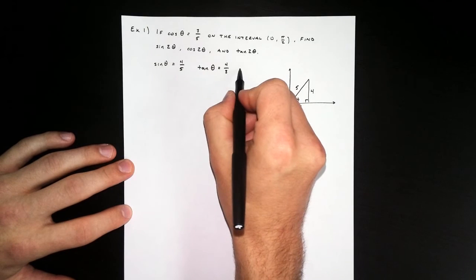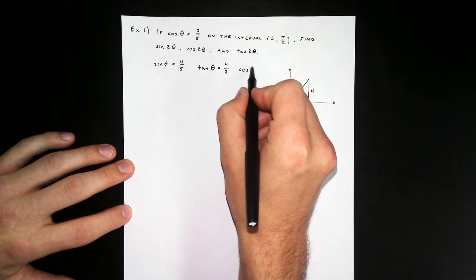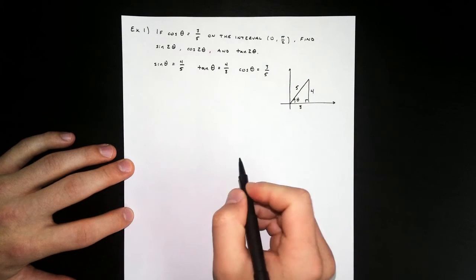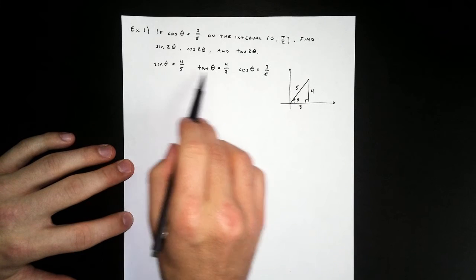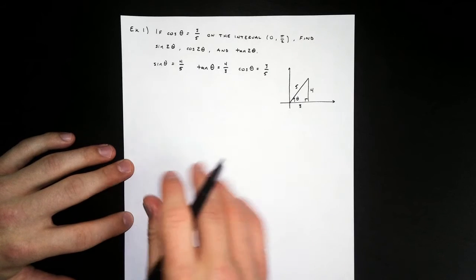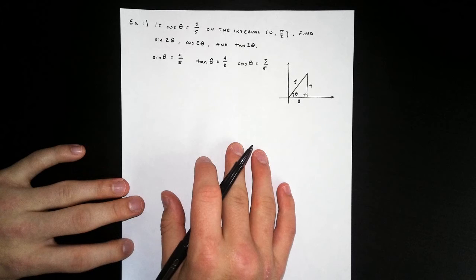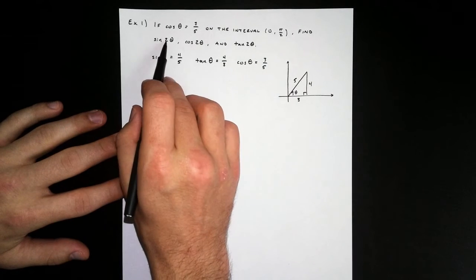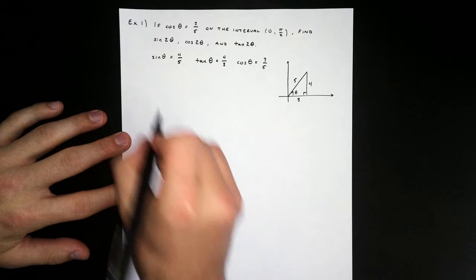And then our other one, which was given to us, I'm just going to jot that down here as well, the cosine of theta, 3/5. Now that we have these three different values for our trig ratios, we can use our double angle identities to help us find the exact value for these three.